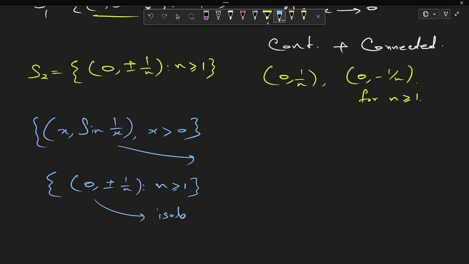We can easily see that they are not connected to the curve.